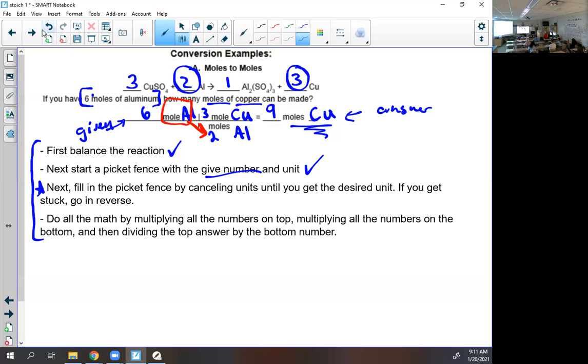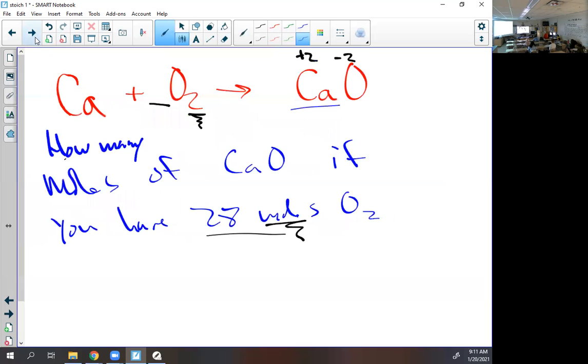All right, let's do another practice one. If I have Ca plus O2 goes to CaO, is there space anywhere on that page where you can do this problem? Do it at the very bottom. It wants how many moles of CaO if you have 28 moles of O2.